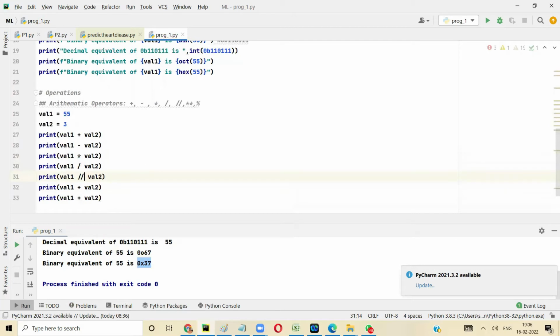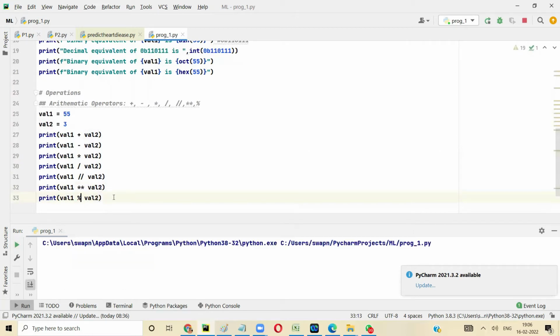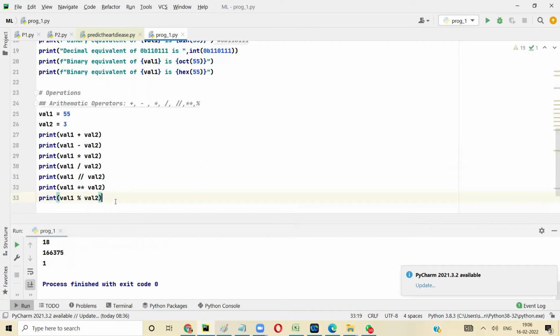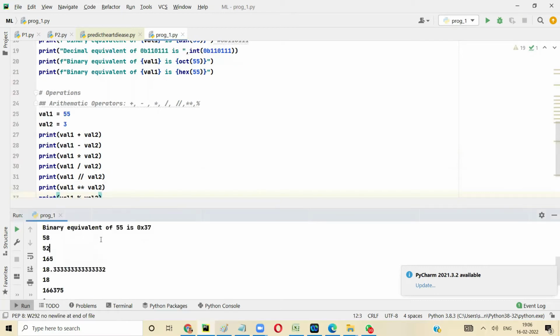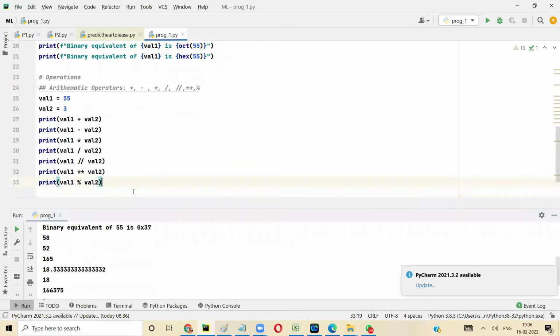We will do it and see. Double divide, power, and finally modulus. Okay, 58, 52, 165, and 55 by 3 will be 18.333, right?